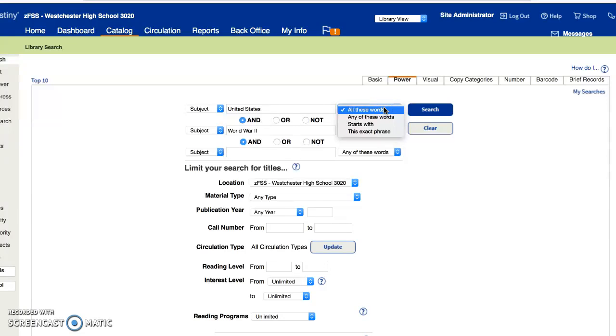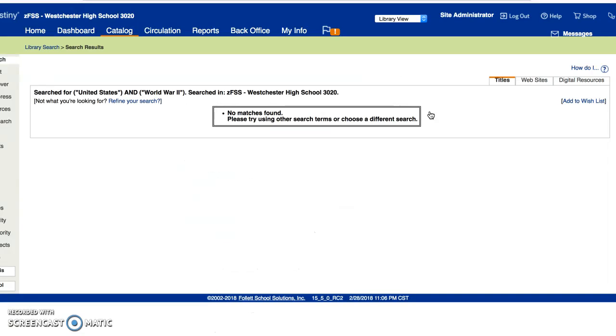We don't want to use this one, we're going to use this exact phrase, because any of these words is going to get us stuff for United or World or States and War. It could just do any of those. But we want it to be exactly what it says to get us a little more specific. So let's use this exact phrase and this exact phrase. Now this should get us a better idea. No matches found. Well, that's unfortunate.